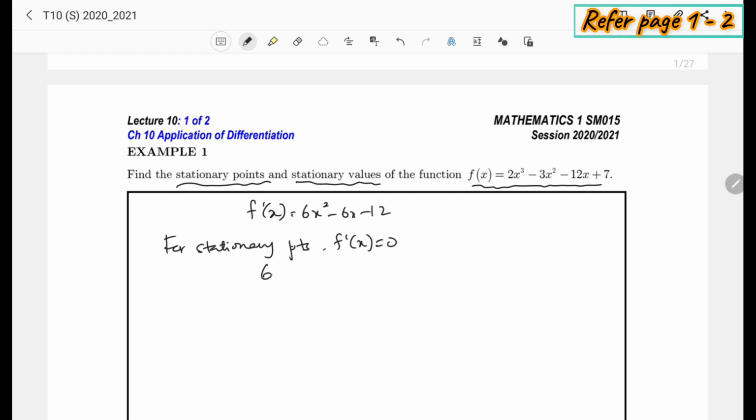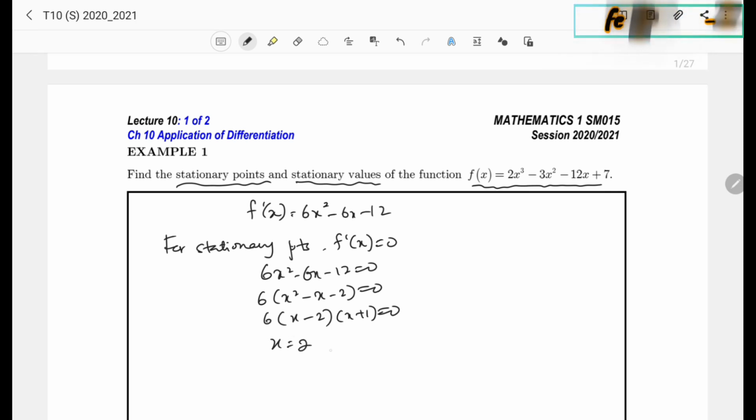So we will have 6x squared minus 6x minus 12 equal to 0. Factorize 6, so x squared minus x minus 2. Factorize further, (x minus 2)(x plus 1). So we have x equal to 2 or x equal to negative 1.